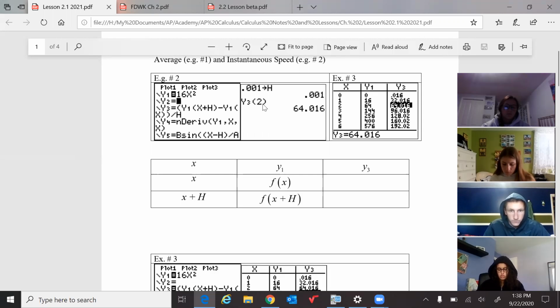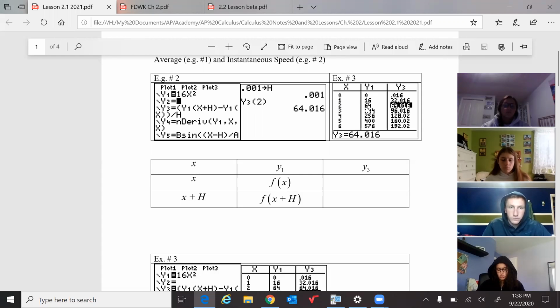Now, this problem's a little deceiving, because example 1 said, what's the average change from 1 to 2? So the average change, I would do 64 take away 16 over 2 take away 1, right? And you would get 48 feet per second. But the instantaneous change right at 2 seconds, we're using this, and we get a small value for h.